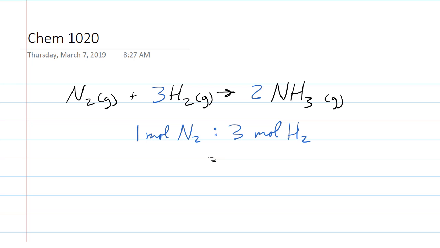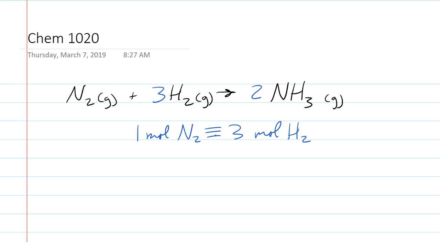Another way we might do it is we would put in these 3 lines in here, which stands for is equivalent to. So according to this chemical equation, we'd say that 1 mole of N2 is equivalent to 3 moles of H2. And we didn't just pull these numbers 1 and 3 out of a hat. Where do they come from? They come from the coefficient. So the coefficient on nitrogen is a 1. The coefficient on the hydrogen here is a 3.